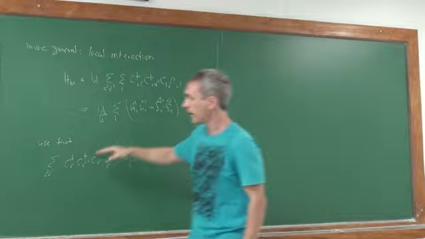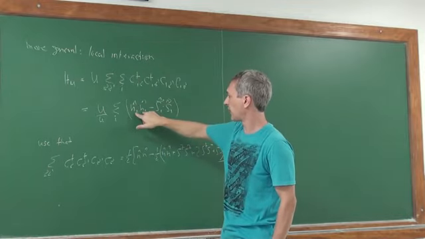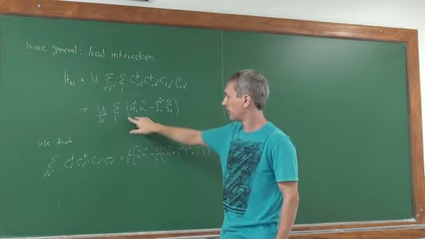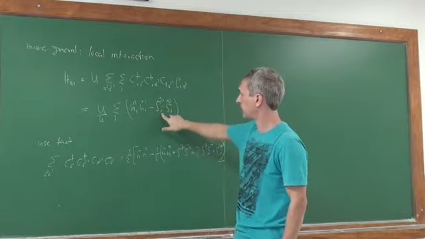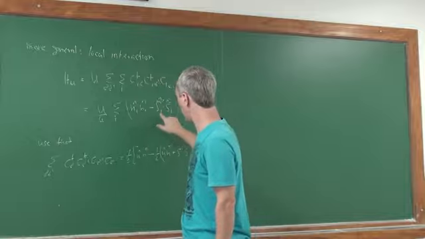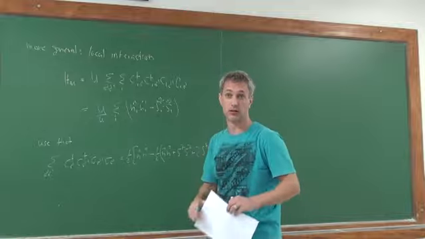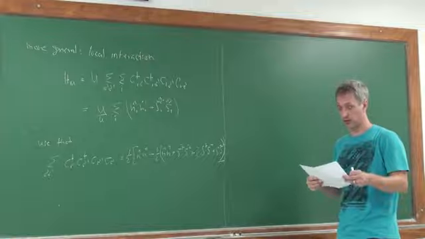So you can always write this interaction as a contribution which comes from the density and one which comes from the spin. Purely a density term and a spin term, and the spin term is coming from the exchange channel. It's just going through the algebra.